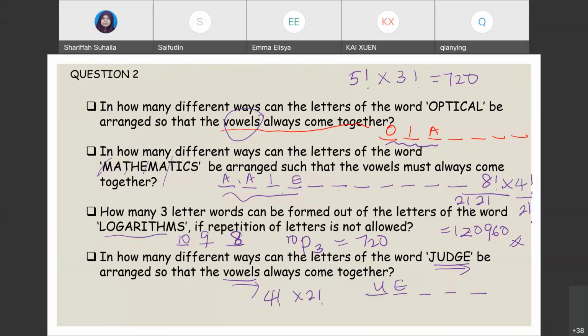That is the answer for the last one. Can you get that? Just simple permutation, not too difficult. Okay, any questions for this one?